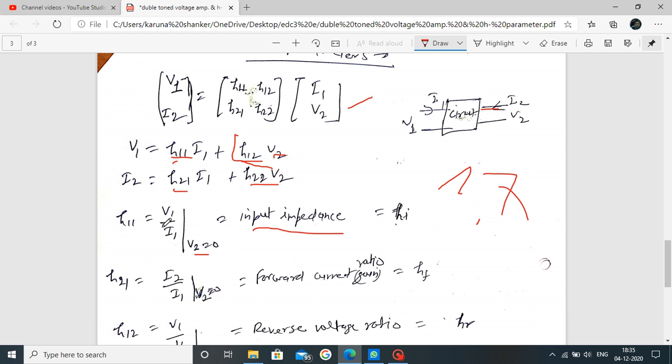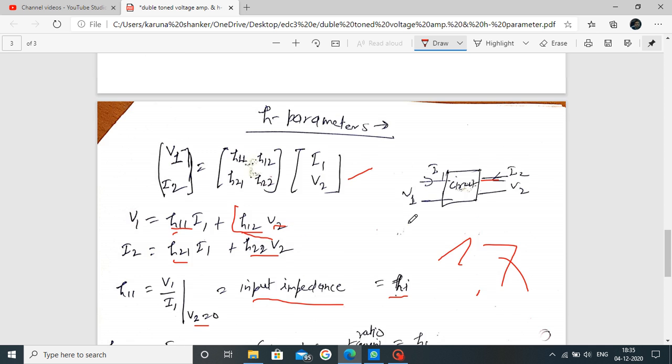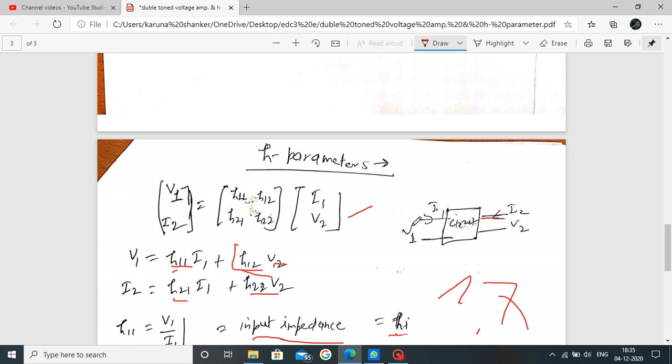This is also represented when we go to transistor configurations, here as H suffix i, hi. The notation is just changed to hi. The H parameters describe the common emitter transistor.